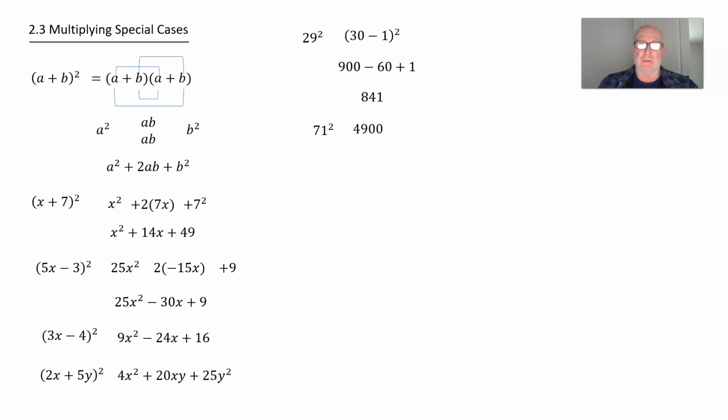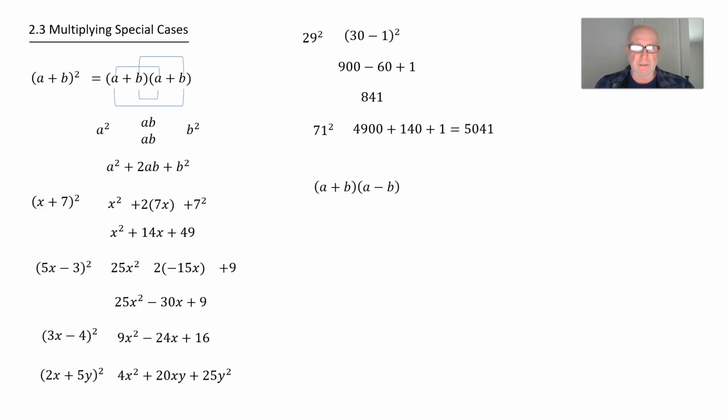So our answer would be 4,900 plus 2 times 70 is 140 plus 1 squared. And so we end up with 5,041. All right, so there's a technique we can use to square some numbers, put them into manageable numbers.